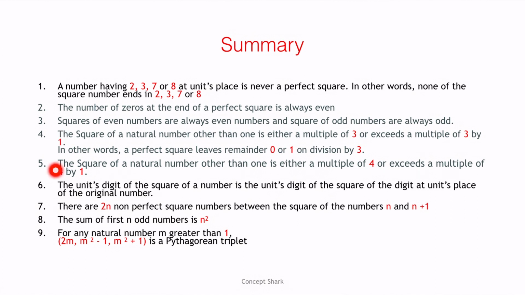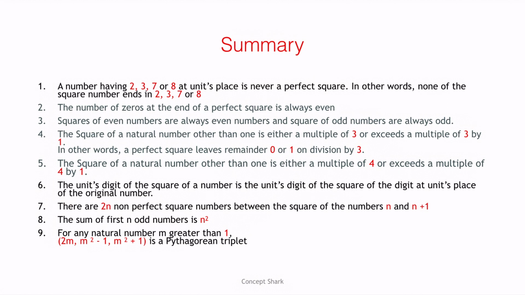The square of a natural number other than 1 is either a multiple of 4 or exceeds a multiple of 4 by 1. The units digit of the square of a number is the units digit of the square of the digit at the units place of the original number. There are 2n non-perfect square numbers between the squares of the numbers n and n plus 1.